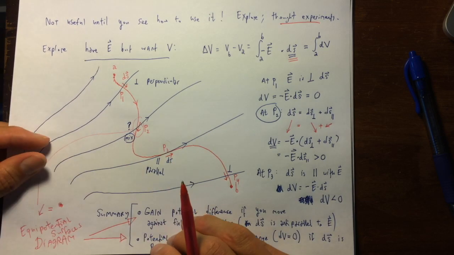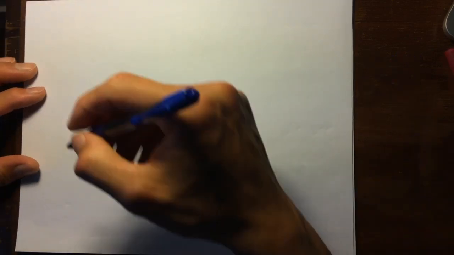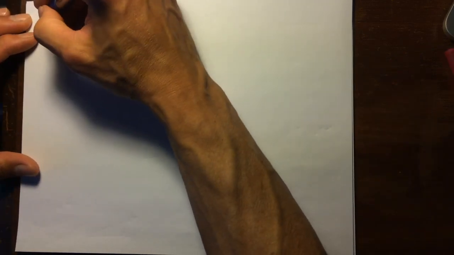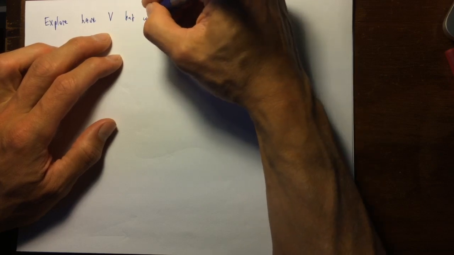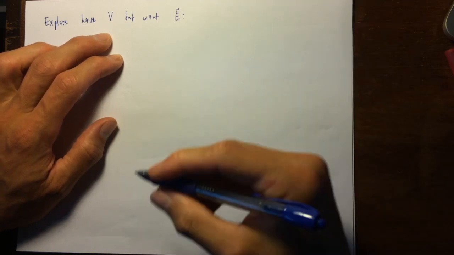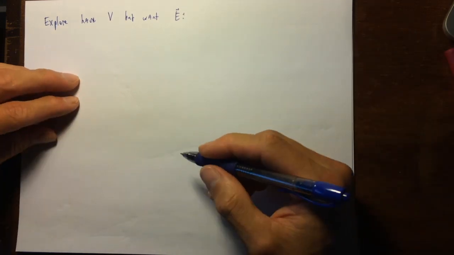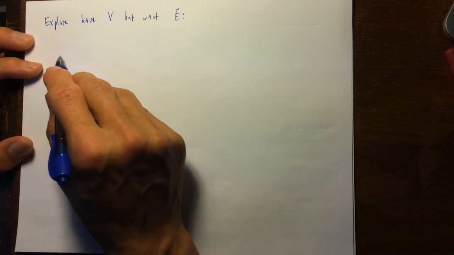Okay, so let me move on. So let's explore: have V but want E. Okay, so I have two examples.